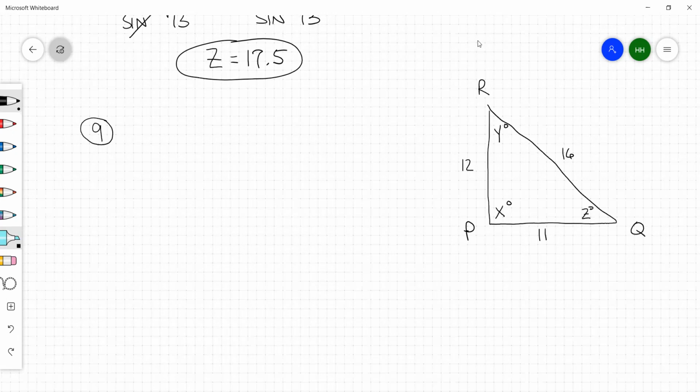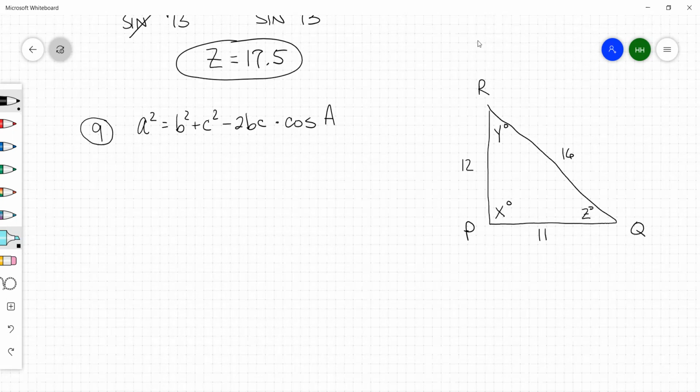Because if you remember law of cosines, it said that a squared is equal to b squared plus c squared minus 2bc times cosine of A, which would be the angle across from the side that you're trying to find.